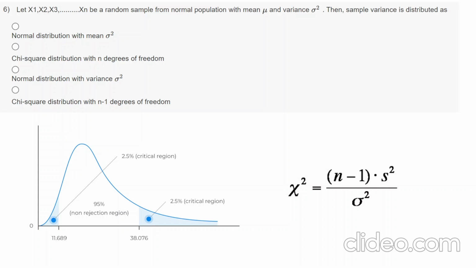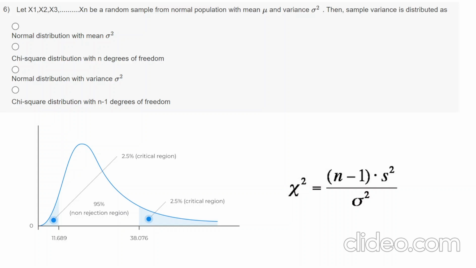Generally, the variance won't be a symmetric function like the sample mean value. Hence we approximate it with the chi-square distribution, which shows this skewness in its profile, and it was found to be the best fit for the sample variance. Hence, the sample variance is distributed as a chi-square distribution with n minus 1 degrees of freedom.